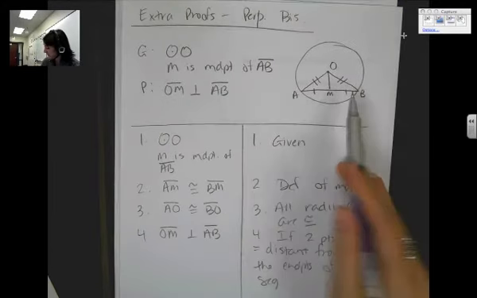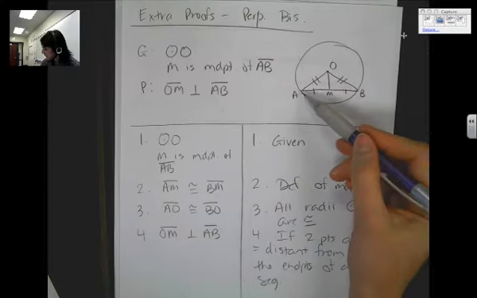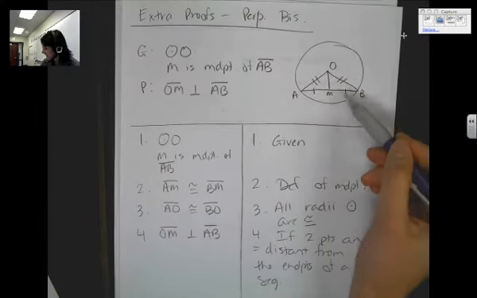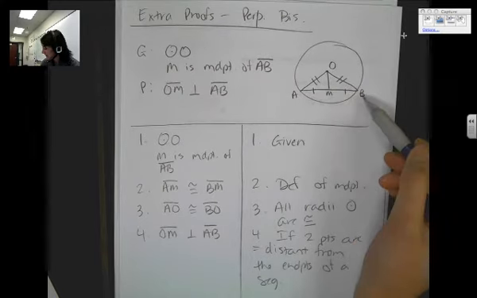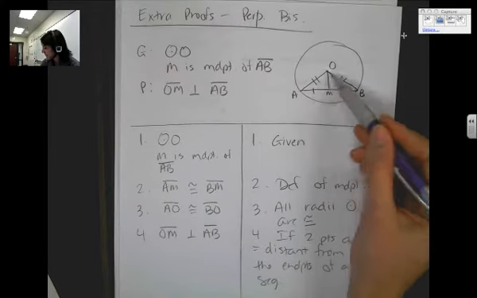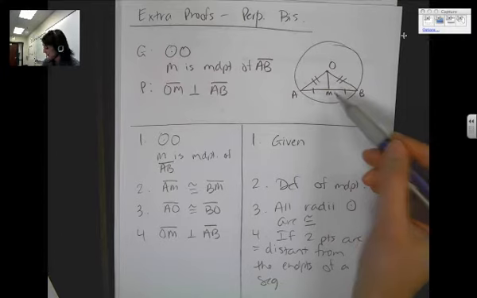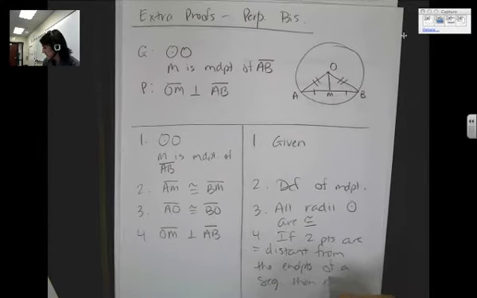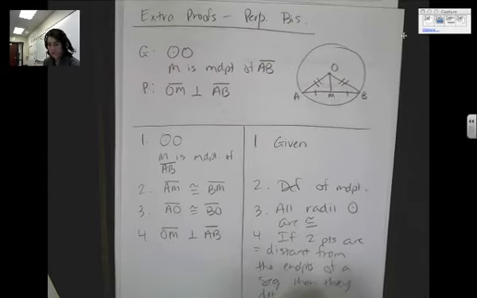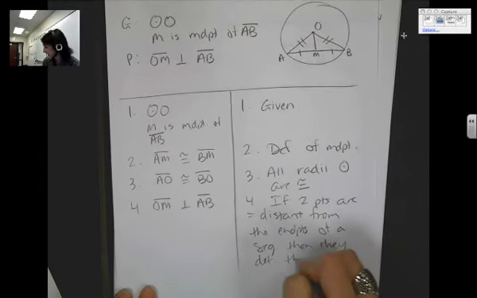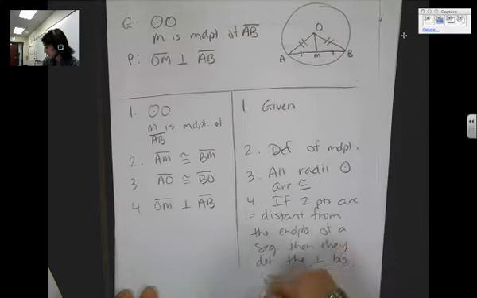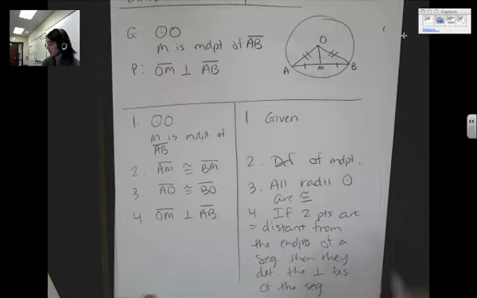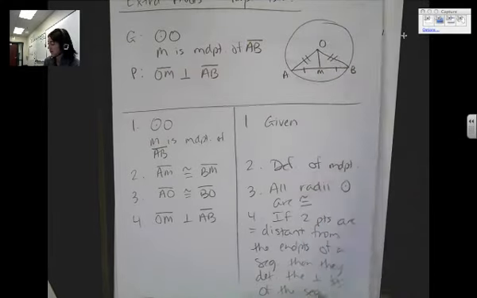So these 2 points, O and M, are equidistant to A and B. O is equidistant to A and B, and M is equidistant to A and B. If 2 points are equidistant from the endpoints of a segment, then they determine the perpendicular bisector of the segment. So that's how that one works, with the cool trick of adding the lines. I have one more for you.